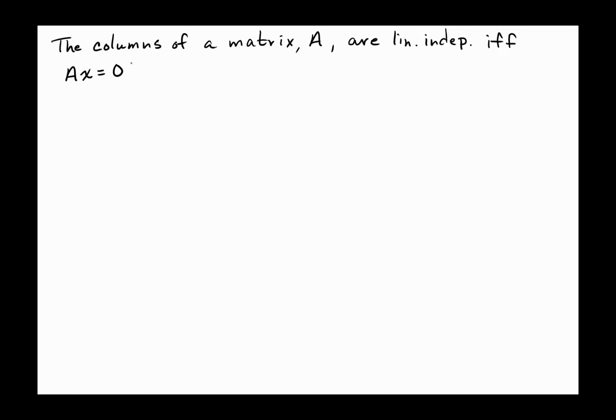So the columns of a matrix A are linearly independent if and only if AX equals 0, our regular homogeneous matrix equation, has only the trivial solution.